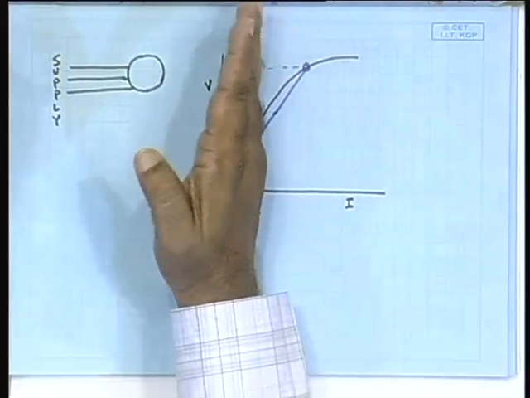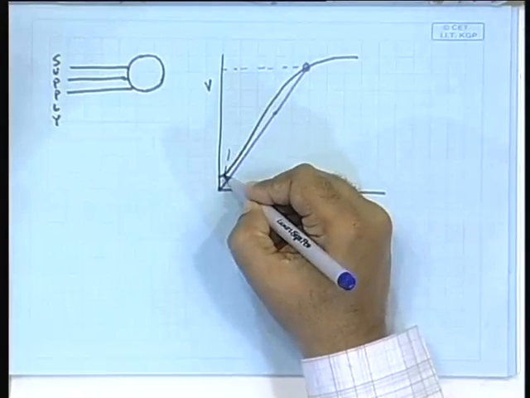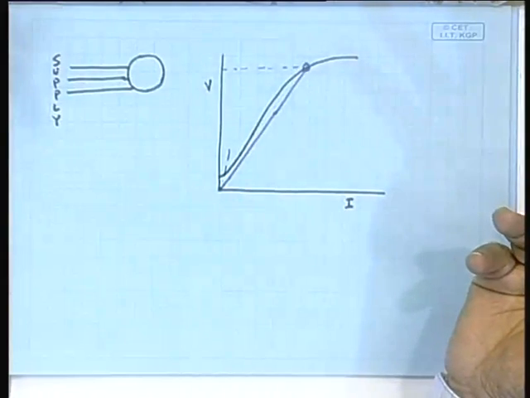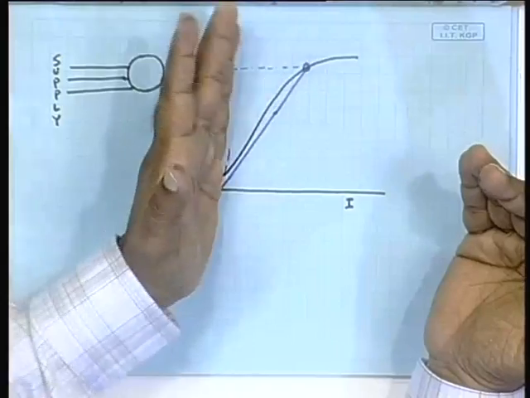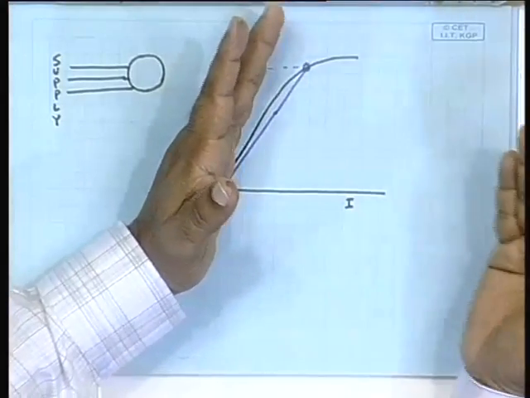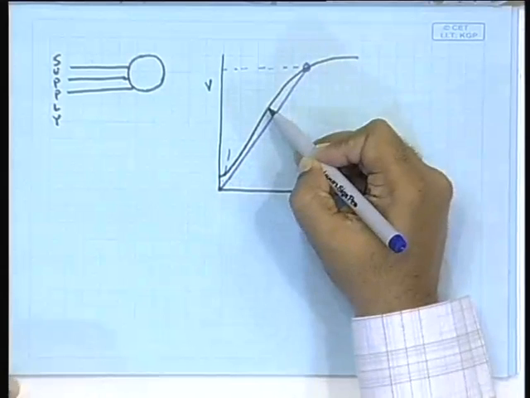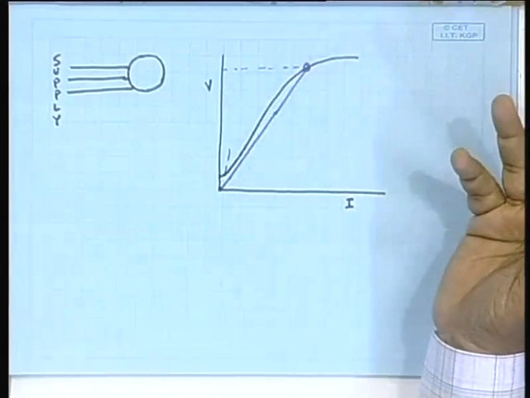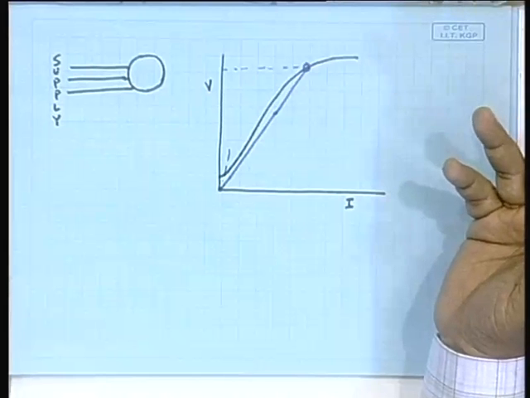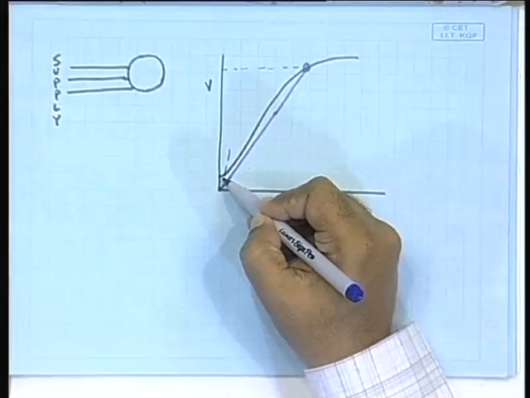So, if the speed of rotation is low, the capacitance line is here, it will intersect this characteristic here, and naturally it will not build up. Only beyond a certain speed, as you increase the speed, as you increase the frequency, it goes like this, and you can easily see that there is a critical value of the speed, beyond which it will self excite. Clear? Otherwise, you will see a very small voltage corresponding to the residual magnetism existing there.